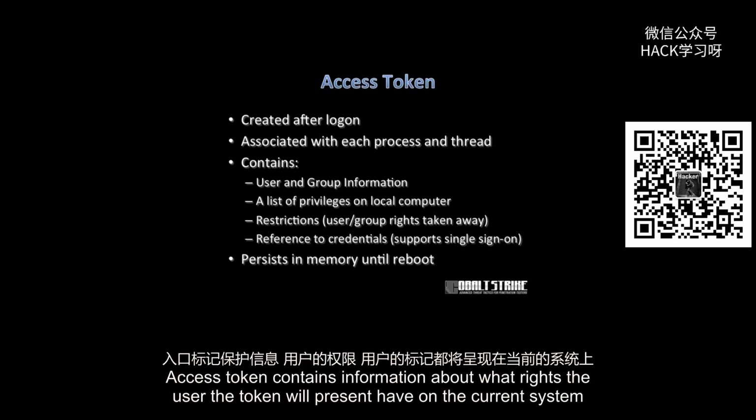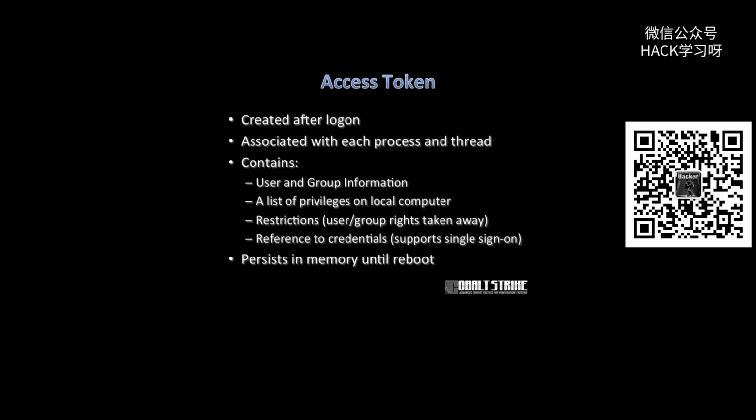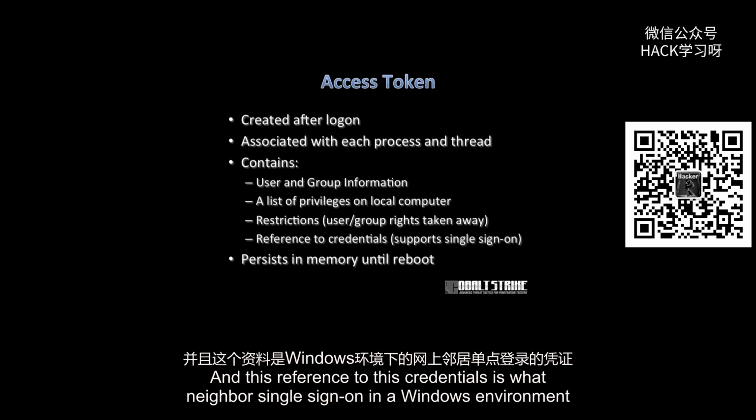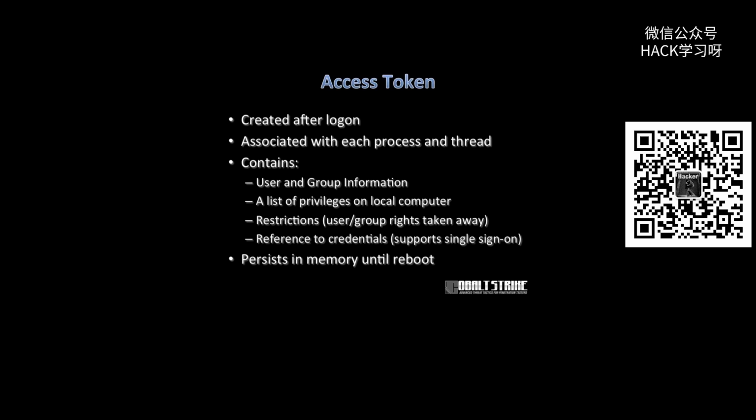Access tokens contain information about what rights the user the token represents has on the current system. And it also contains references to that user's credentials in many different forms. And this reference to these credentials is what enables single sign-on in a Windows environment.